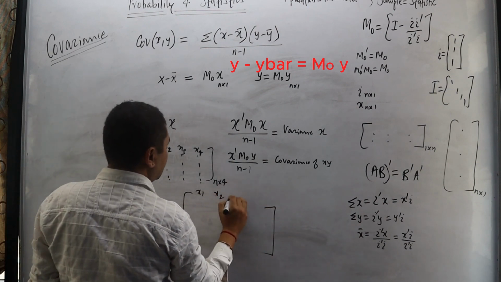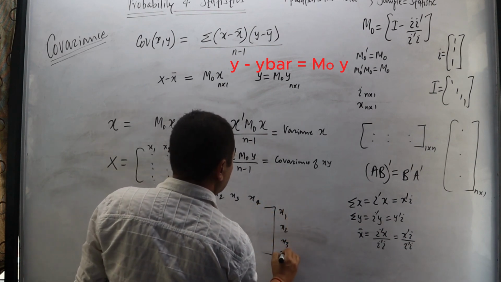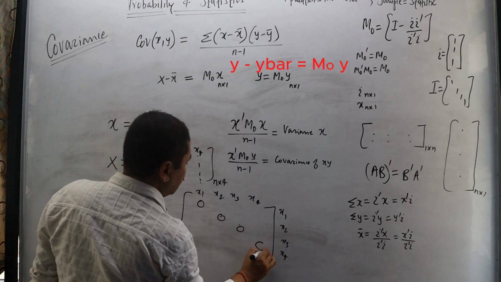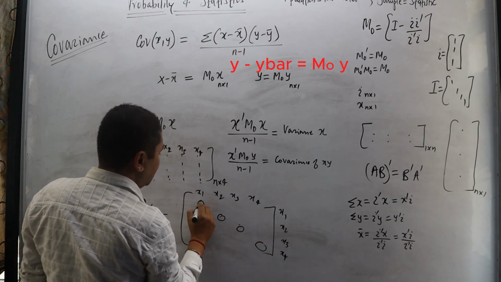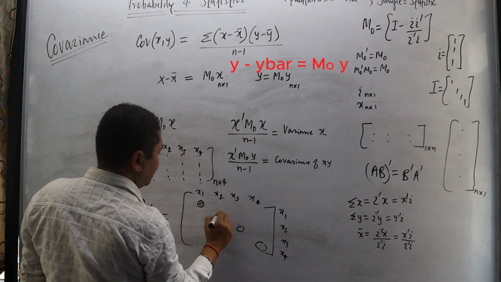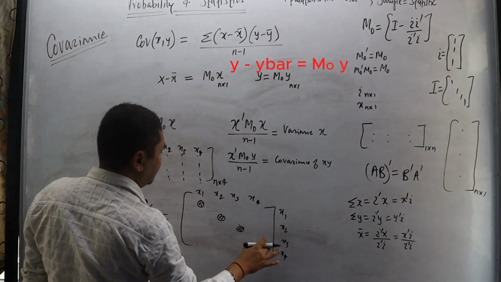Let me write x1, x2, x3, and x4 here, and also x1, x2, x3, and x4 here. This main diagonal is going to give us the respective variances: sigma 1 square, the variance of x1, sigma 2 square, the variance of x2, sigma 3 square, the variance of x3, and sigma 4 square, the variance of x4.